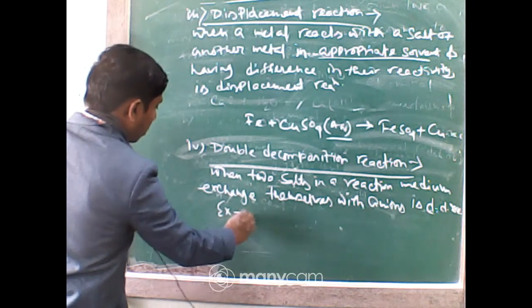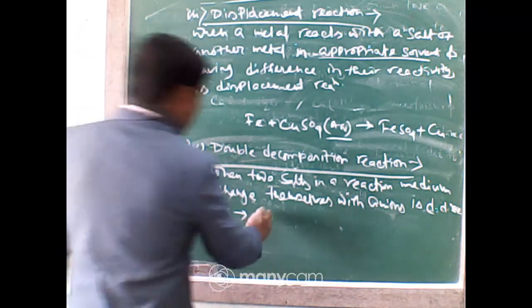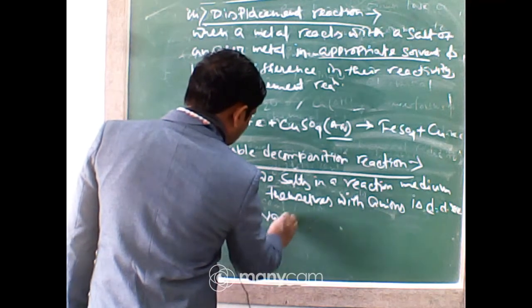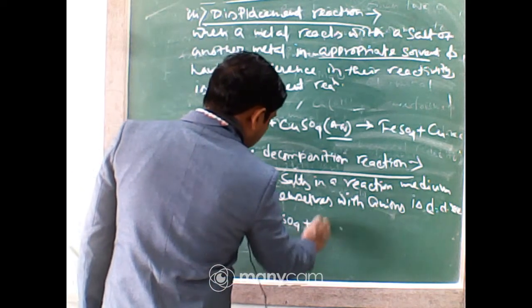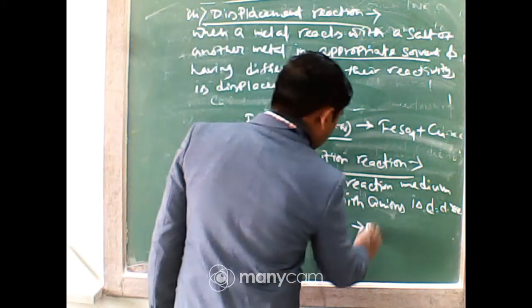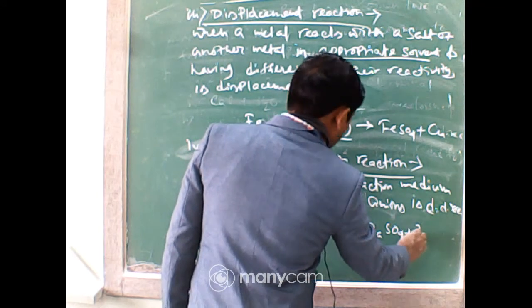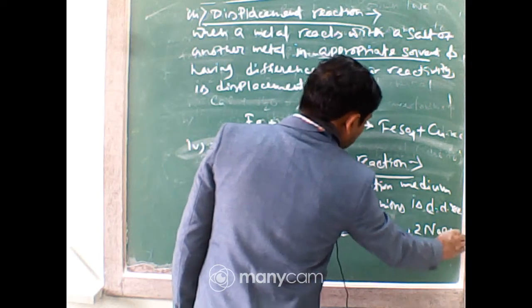Example: here, sodium sulfate Na2SO4 plus barium chloride, it will produce barium sulfate plus twice of sodium chloride.